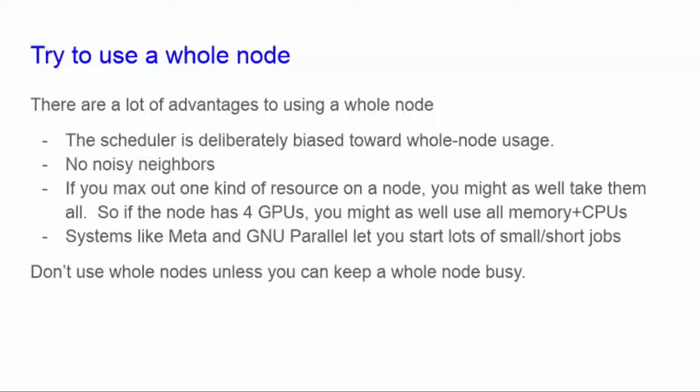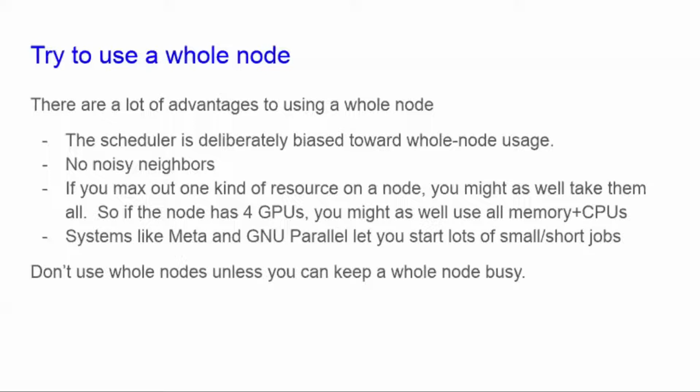So for instance, you can allocate a whole node and run Meta or GNU Parallel to run 10,000 work units, each of which runs for only a few minutes apiece. It's a way of bundling together smaller jobs. This is highly recommended on all of our systems. And in fact, on one of our systems, you can't even allocate less than a whole node.